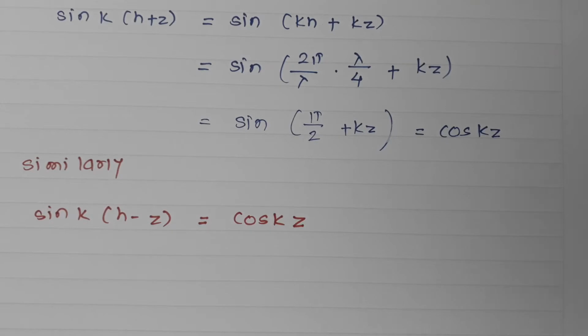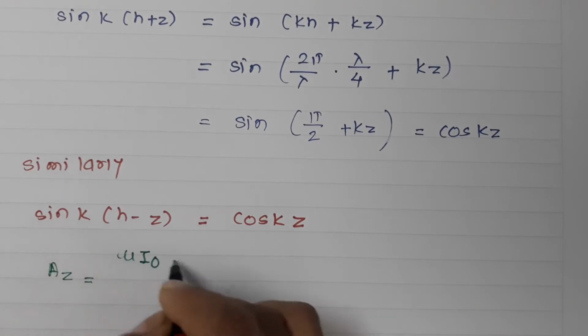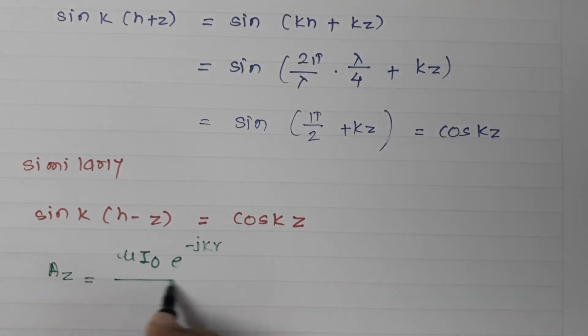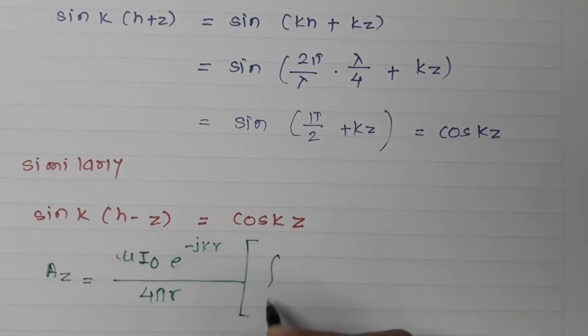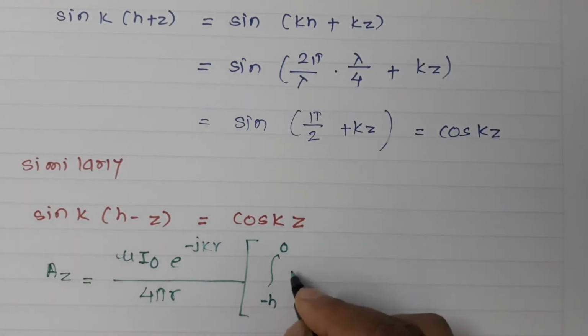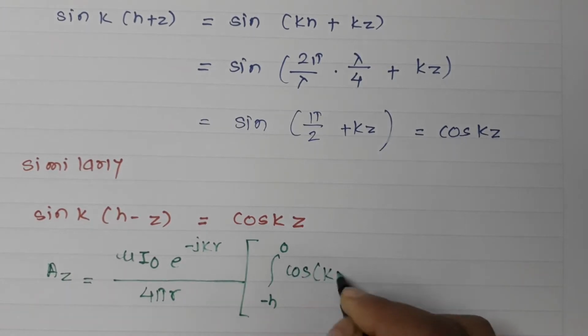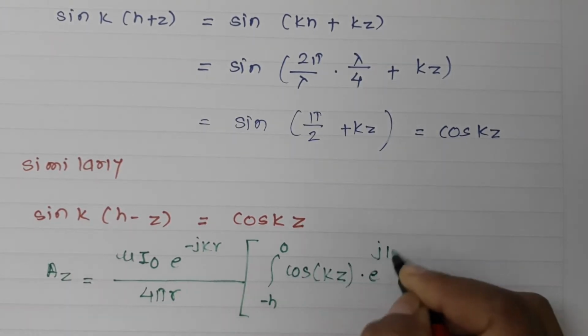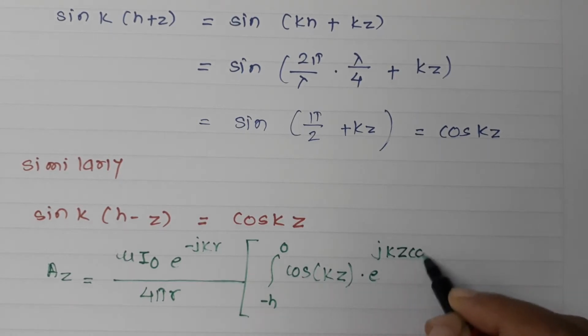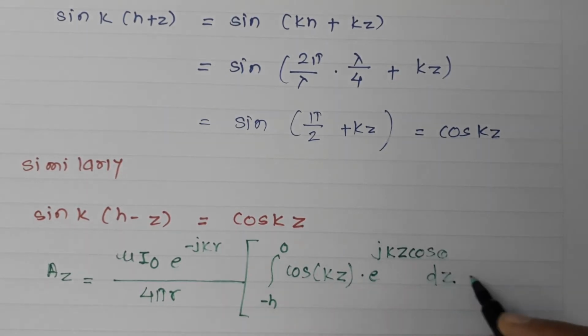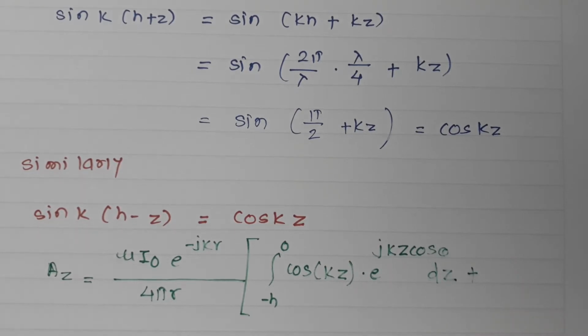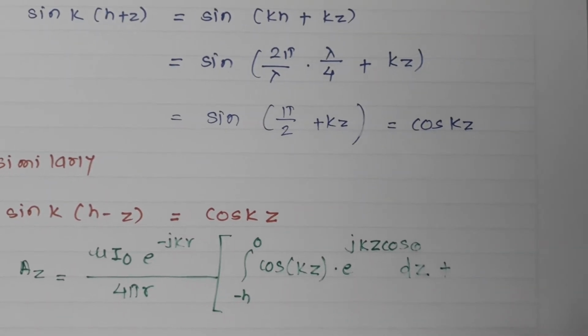Now I'll reduce my equation, whatever I have got previously. Az is equal to mu I0 e raised to minus jkr divided by 4 pi r, and the limits will be from minus h to 0 of cos kz e raised to jkz cos theta dz, plus I'll write the integration over here.